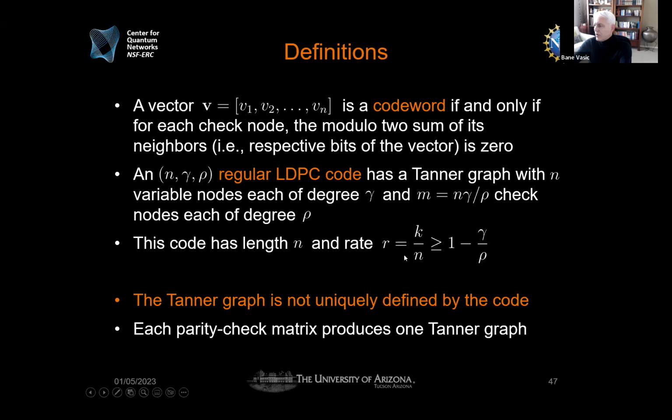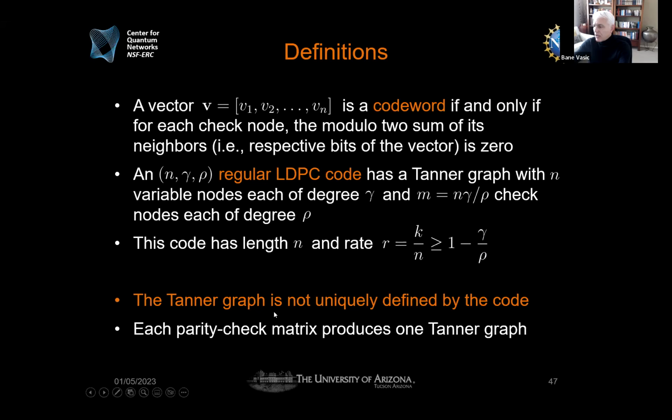So the rate of the code is k over n, and this rate is bounded by this ratio of variable degree and rho degree. We are not going to go into details of how this can be derived. If I give you a parity check matrix, you should be able to define a Tanner graph.